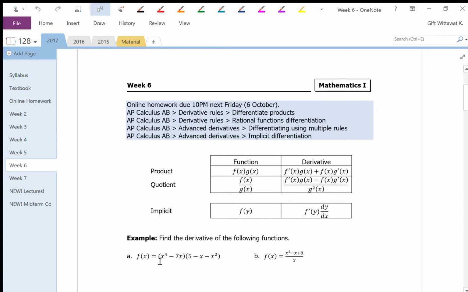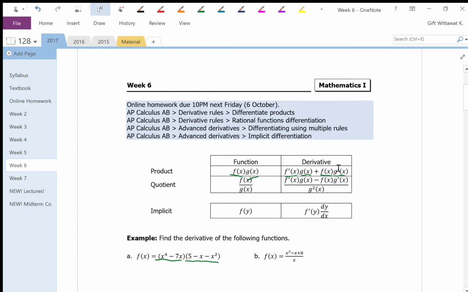The product rule is useful when you want to find the derivative of the product of two terms. So when you have two terms being multiplied, like f and g here, the derivative of that is going to be the derivative of the first function times the second function plus the first function times the derivative of the second function.